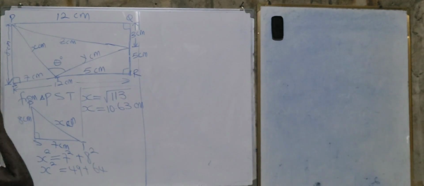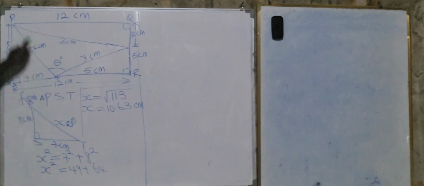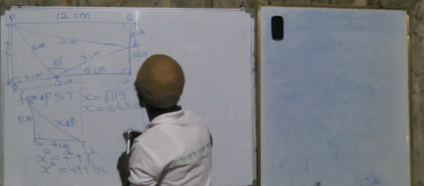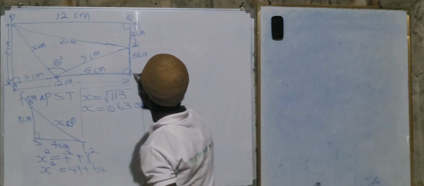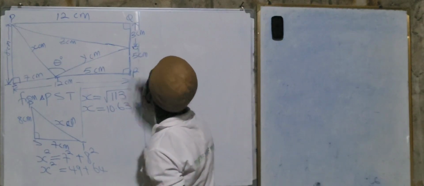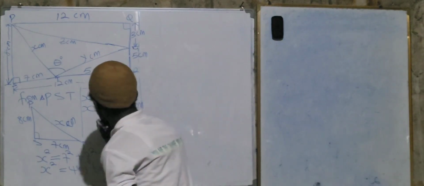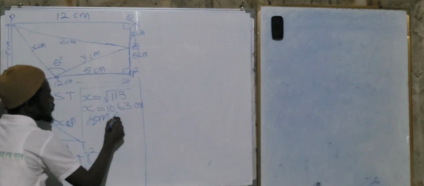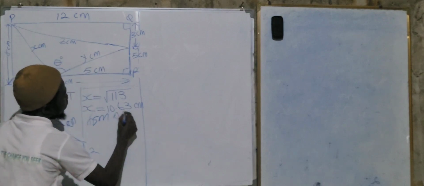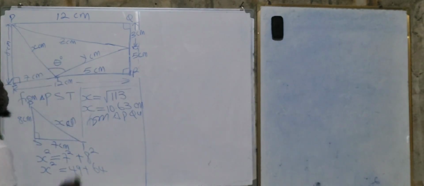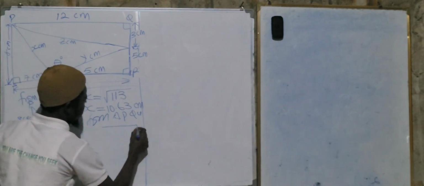Next we have another angle again. You can say angle PQU. Let me say here is R, and here TU. So from angle PQU, this is how we got the angle.